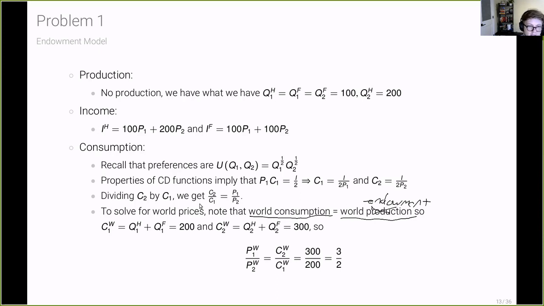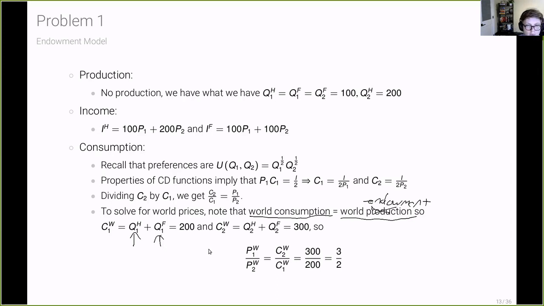So if we're calling C1W the world's total consumption of good 1, then that has to be equal to adding up both home's endowment of good 1 and foreign's endowment of good 1. Likewise, if we call C2W the world's consumption of good 2, that can't exceed what the two countries have been endowed with of good 2.